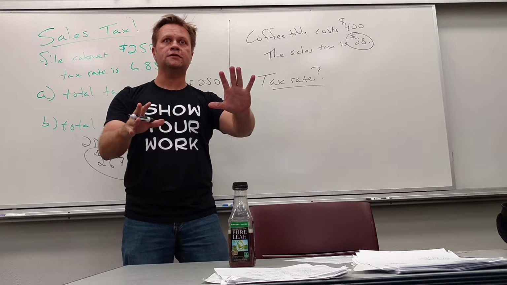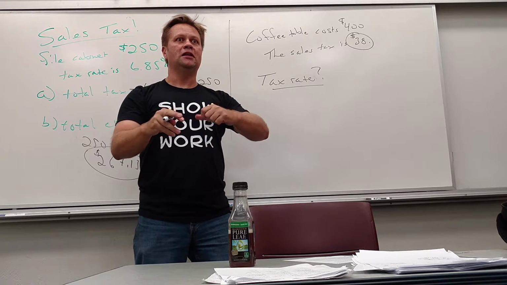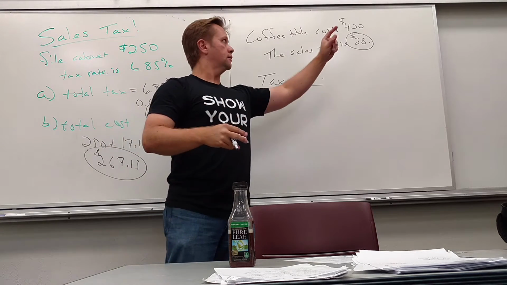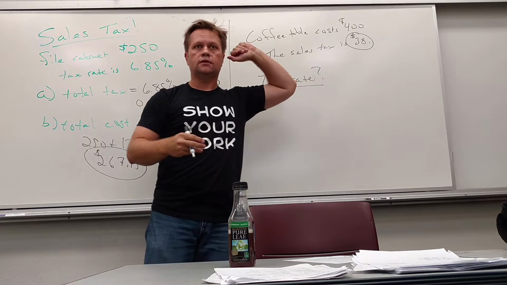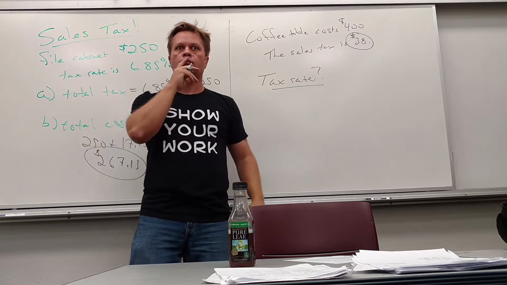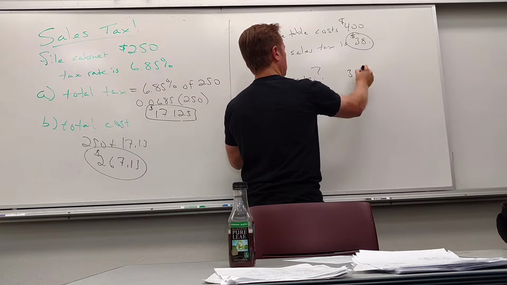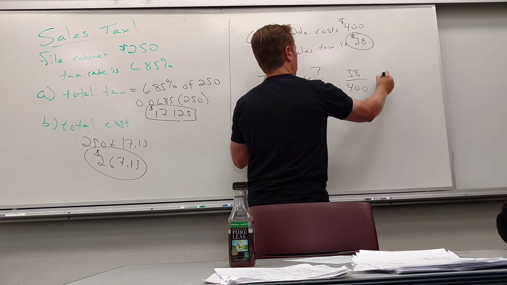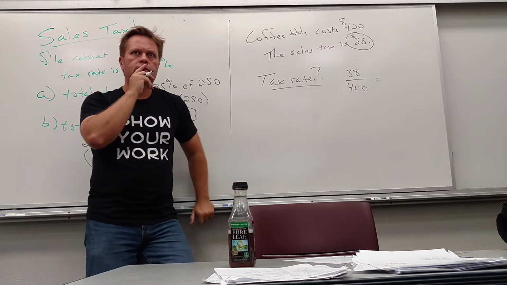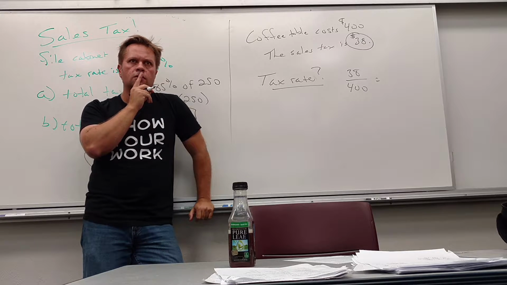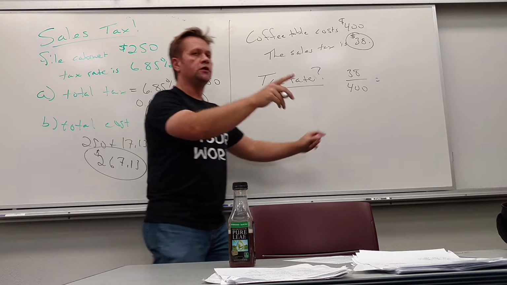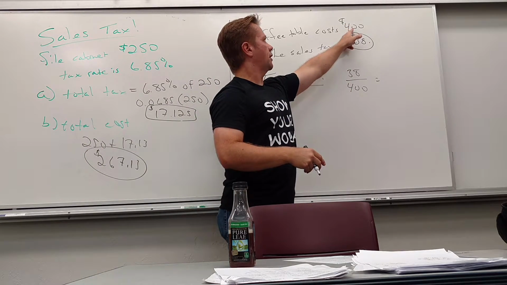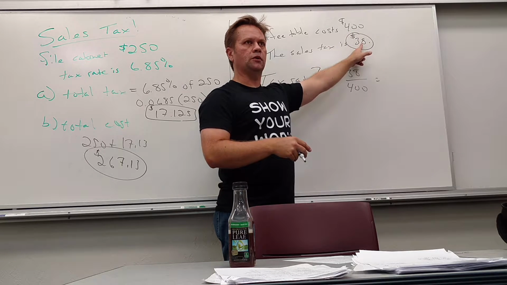That's the tax. And then I'm going to divide that by the original. It's the same problem as before. So it's 38 divided by 4. Yeah, 38 divided by 4. Simplify. Yes. So if I knew the tax rate, I would multiply it by 400 to get this number.